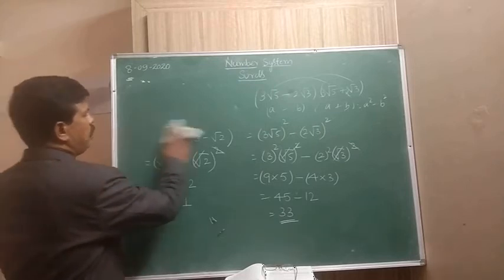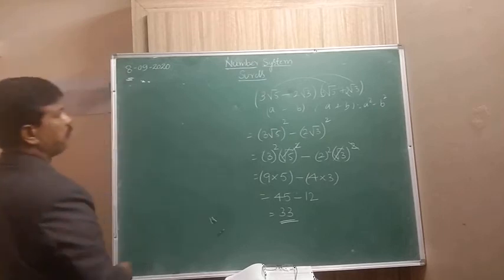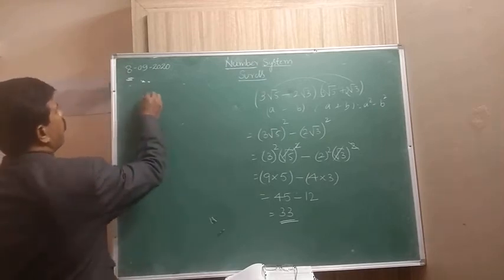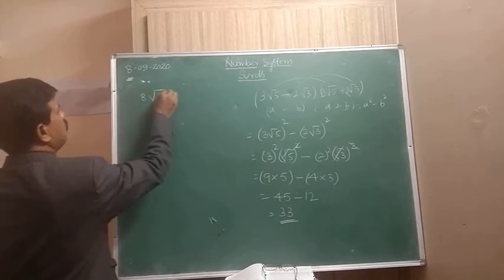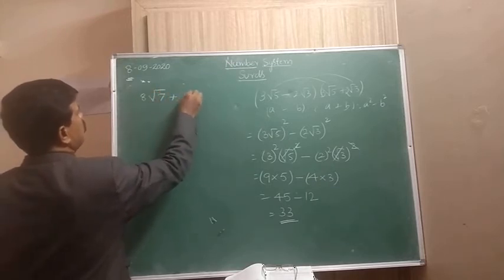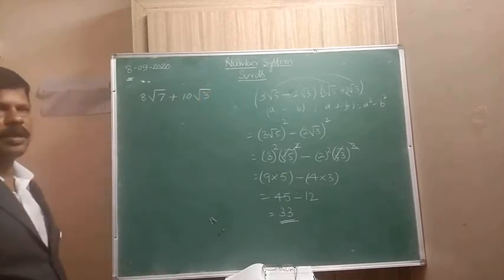Clear? Now let us take one more example of a binomial surd. 8 root 7 plus 10 root 3. Now this is a binomial surd.